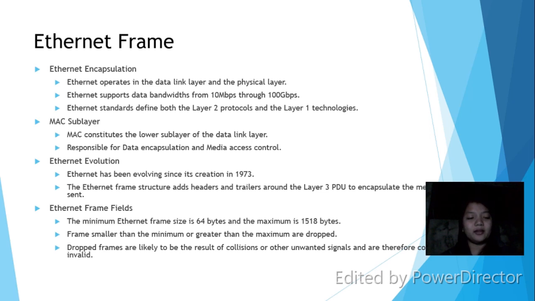Ethernet frame fields: the minimum Ethernet frame size is 64 bytes and the maximum is 1518 bytes. Frames smaller than the minimum or greater than the maximum are dropped.